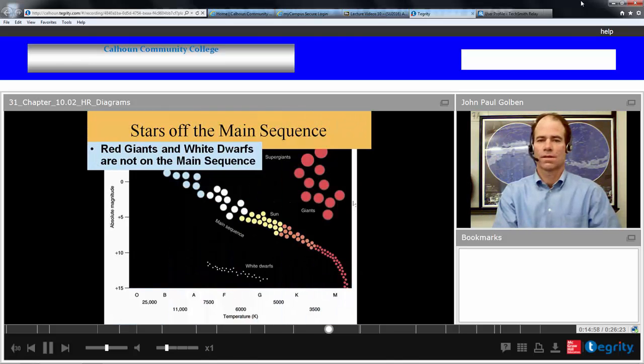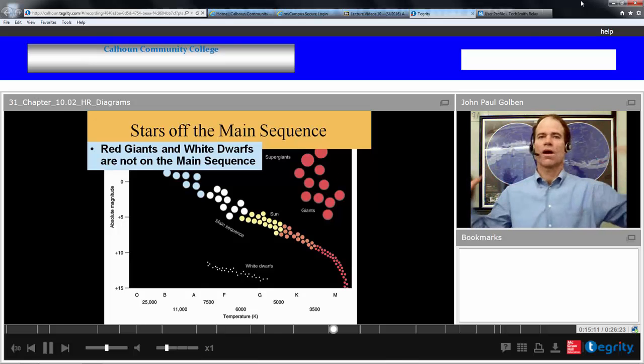If we go off the main sequence, we can find ourselves in the supergiants and giants, like Betelgeuse. They're quite luminous because they're so large and so they have so much volume and mass, but they're cooler. So they're not quite as hot, but they're luminous because of their size.